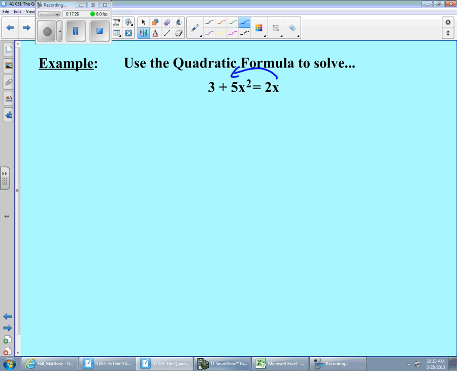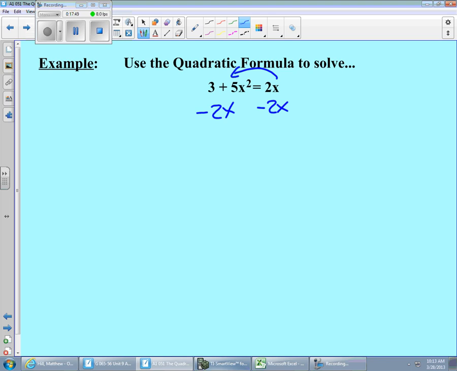Well, how am I going to move that 2x from the right side over to the left side? Subtract it, right? It's just a positive 2x. In order to move it, we're going to do the opposite of it, which is minus 2x. And whatever we do to one side, we have to do to the other side to keep the equal sign balanced. I'm also going to reorganize the problem so that it's in that quadratic format.